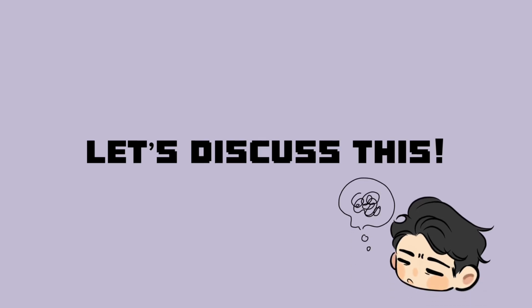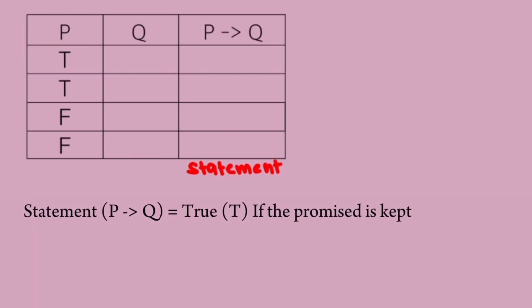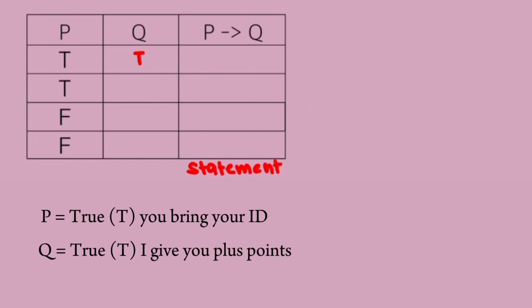Let's discuss this. To understand why this table is the way it is, consider the following example. The statement will be true if I keep my promise and false if I don't. Suppose it's true that you bring your ID and it's true that I give you plus points since I kept my promise. The implication is true.